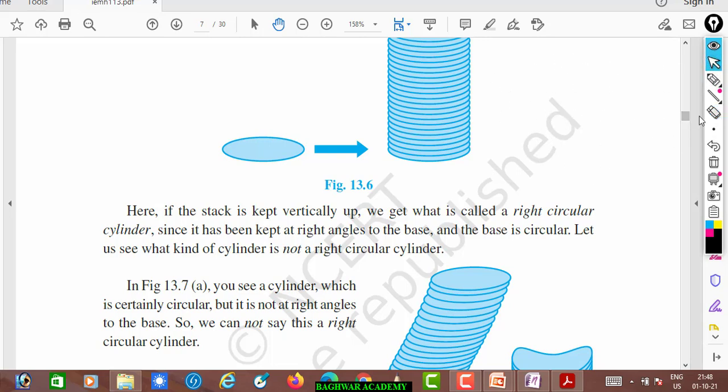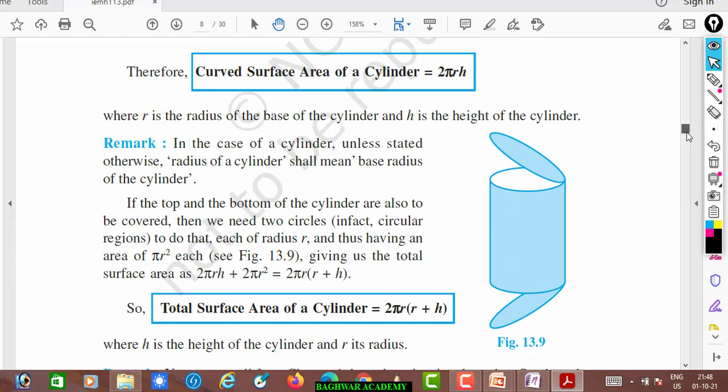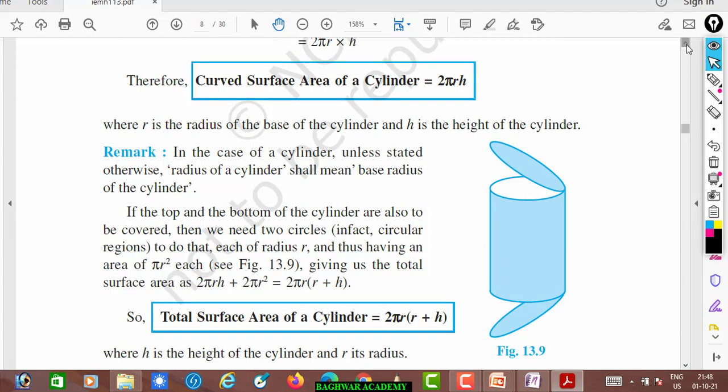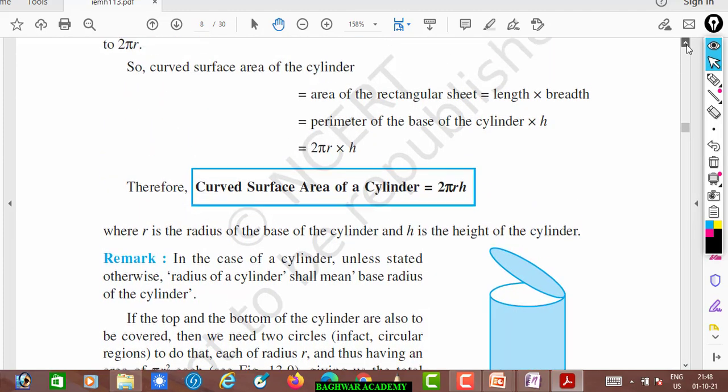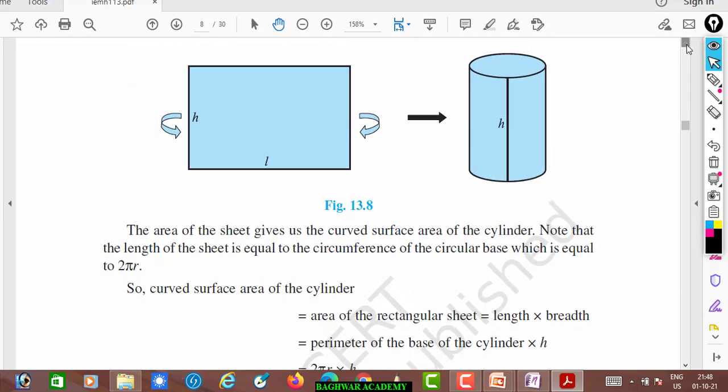Now you see, if you want to find out the curved surface area of a cylinder, how will it be found out? You can try to learn it yourself. Just take a sheet of paper that should be in rectangular form.